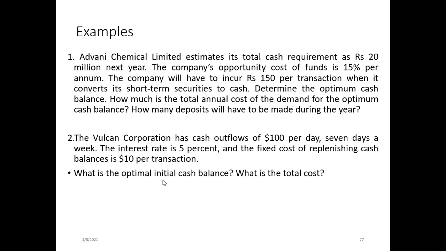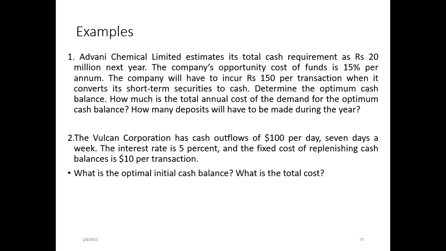By using the BAT model, we can find the optimum cash balance. To find the total cost, we have to find the holding cost, that is the opportunity cost, which is the average cash balance times the rate of opportunity cost, plus the transaction cost.